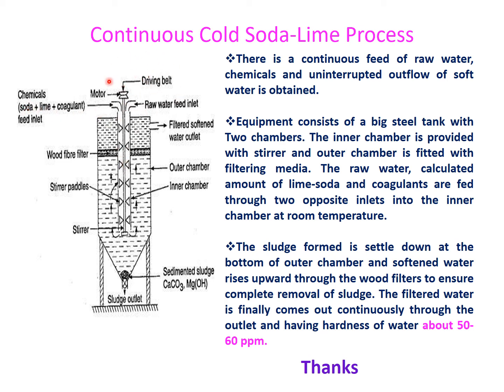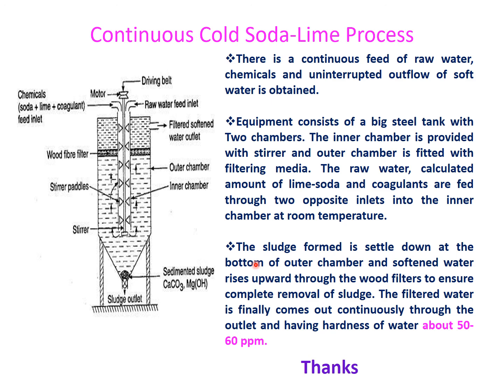This stirrer is also stirring continuously, and the hard water and chemicals come in this first chamber, then through this opening they come into the outer chamber, and here they mix and react with each other, and all the impurities present in water will precipitate, and the precipitated sludge will settle down, and the soft water after crossing the wood fiber barrier will come into this chamber, and from here we continuously get the soft water.